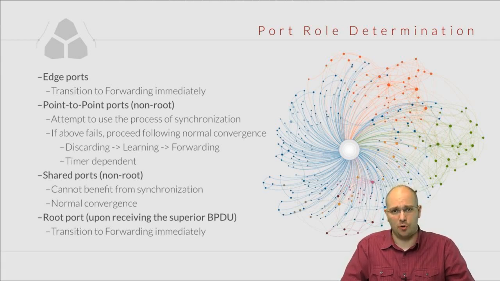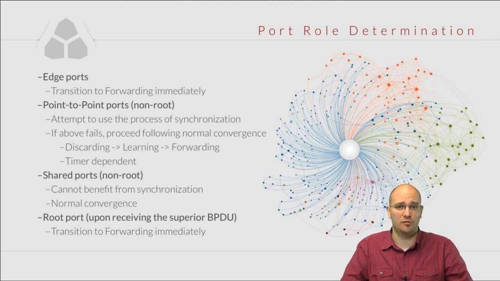The non-edge ports behave differently depending on whether they are point-to-point or shared ports. The point-to-point non-root ports are going to attempt to use a process called synchronization. I will talk about this in great detail. This is the major difference in comparison to the traditional spanning tree, and this is what makes rapid spanning tree actually rapid. It's this process of synchronization.